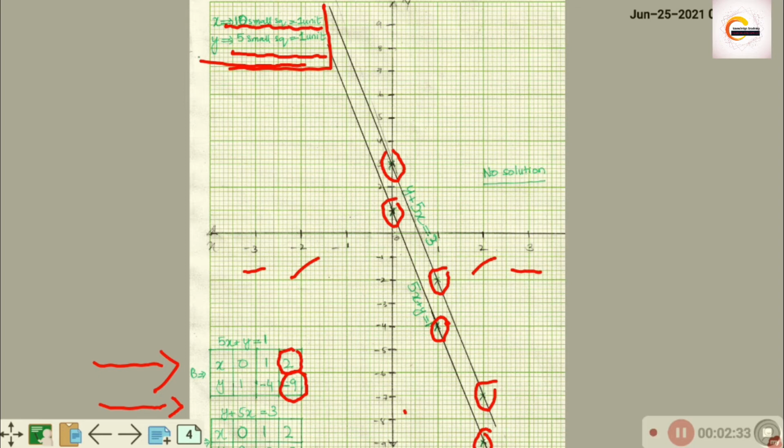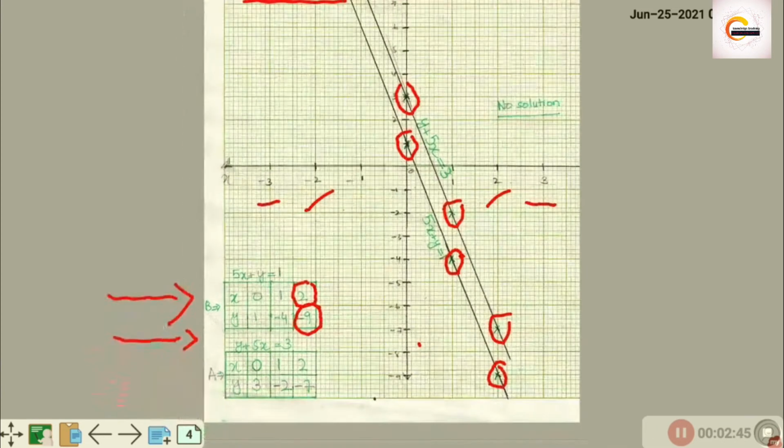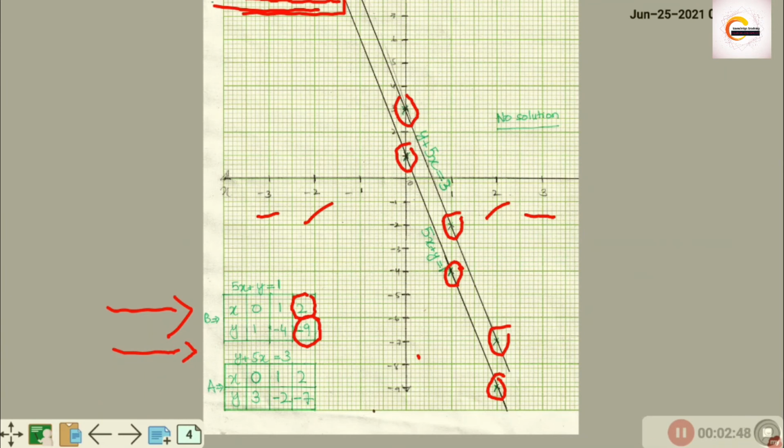They are parallel to each other. So we can conclude that equation A and equation B do not intersect each other. There is no point of intersection between them, and therefore we cannot find any solution through the graphical method.